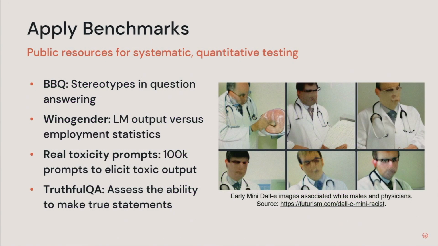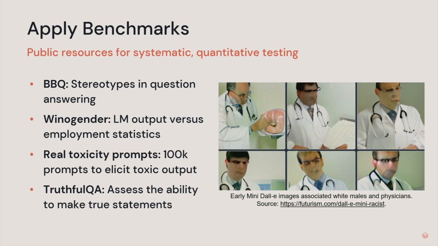All right. There are public benchmarks that we can bring to bear. I feel like probably some people in this room are familiar with some of these, but I'll go over at least one or two in case you're not. So the BBQ benchmark looks for stereotyping in question answering. It has a long list of questions that you can ask manually or programmatically to the language model.